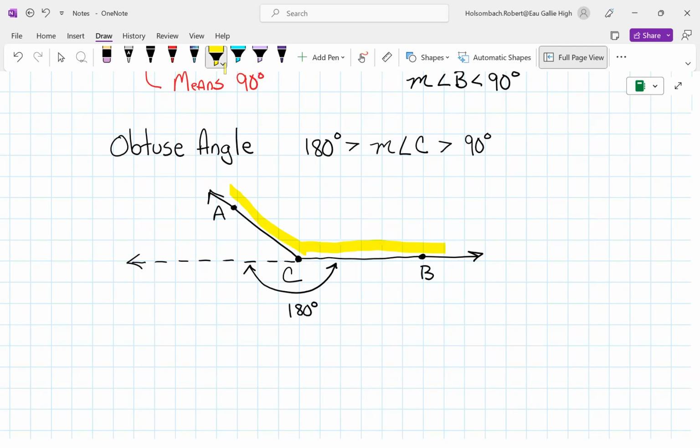Angle ACB is an obtuse angle. It measures greater than 90 degrees because 90 degrees would be right here. And it's less than 180 because 180 would be this straight line that runs horizontally along the bottom of the diagram. So an obtuse angle measures greater than 90, but less than 180.